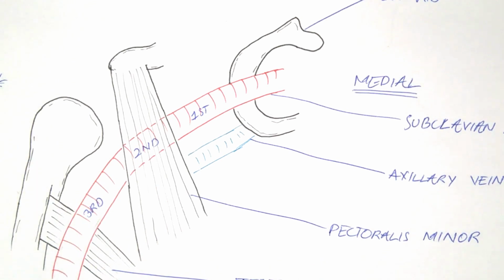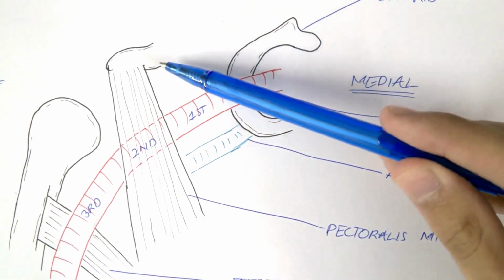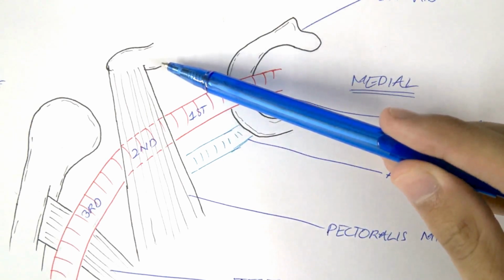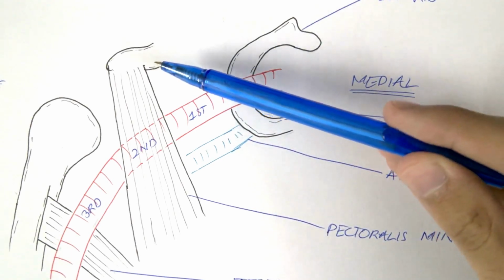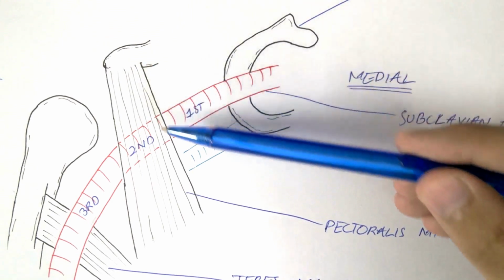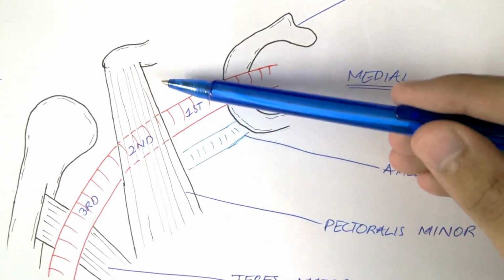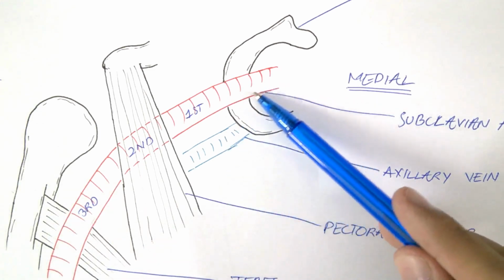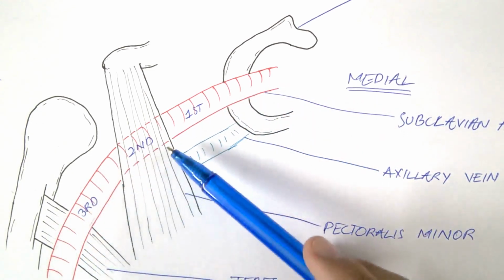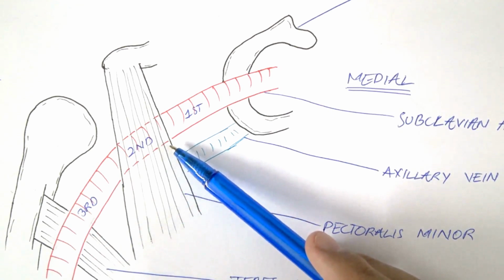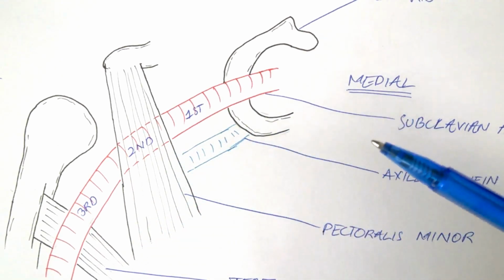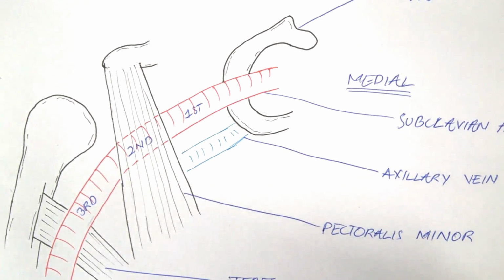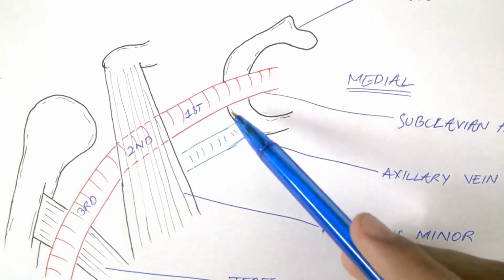Now let's get started. Here you can see that I've drawn the coracoid process of the scapula, to which is attached the pectoralis minor. Now the pectoralis minor is the key muscle associated with the axillary artery, in a way that the axillary artery crosses behind the pectoralis minor, and in doing so it is divided into three parts.